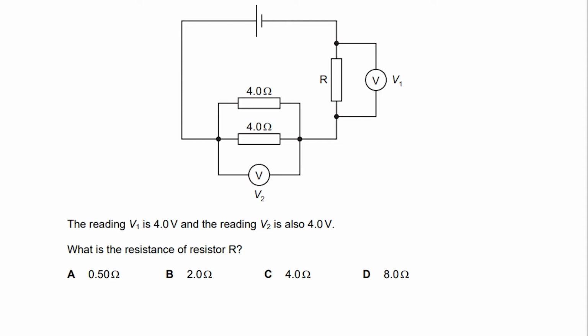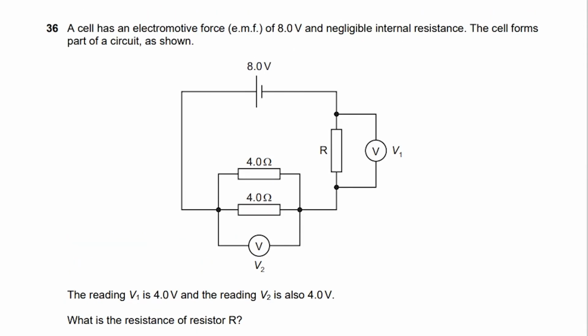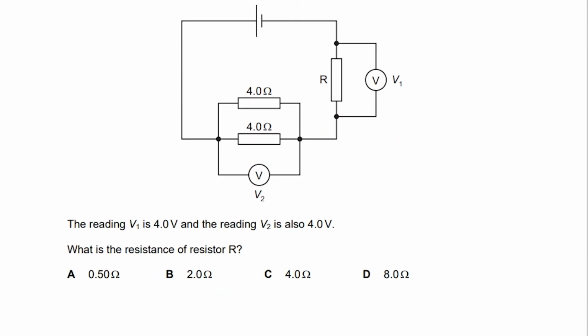Now, if you see, there are two resistors, 4 ohm each, in a parallel circuit. The formula for the effective resistance of resistors in parallel is 1 upon R is equal to 1 upon R1 plus 1 upon R2.